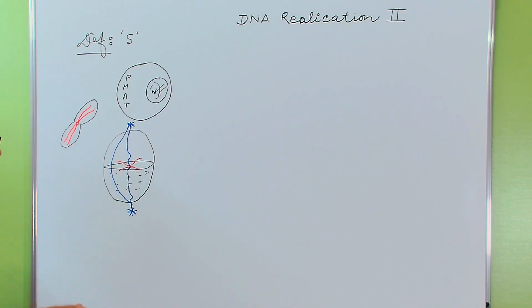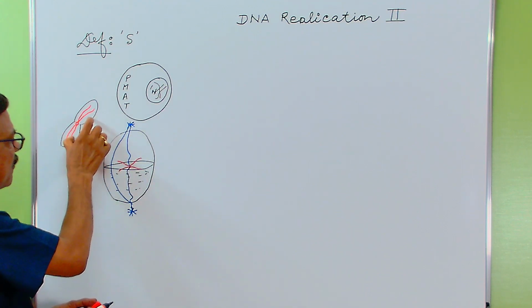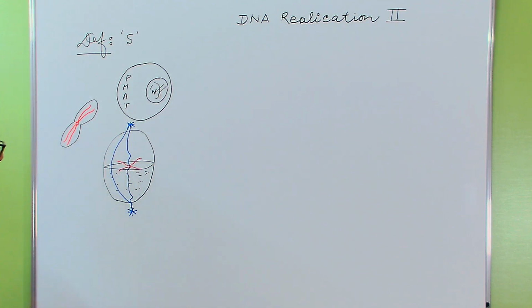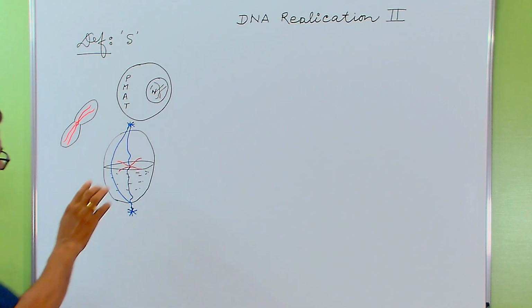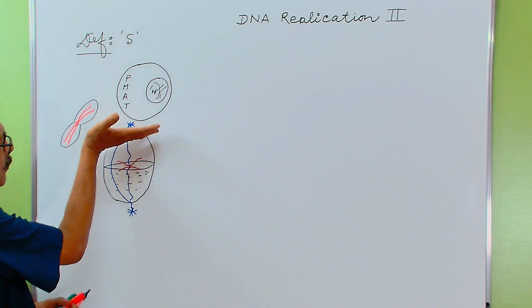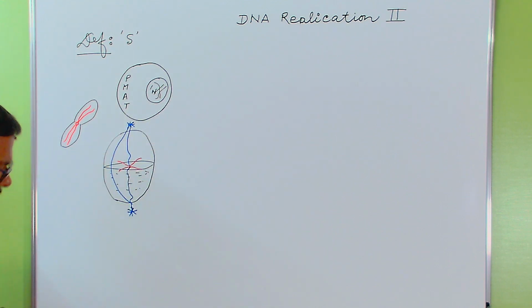This is a part of a single chromosome. Now, in the anaphase stage, half goes to this side and half goes to that side.